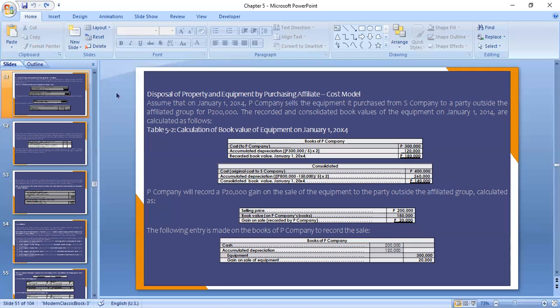So the recorded book value on January 1, 20x4 is 180,000.